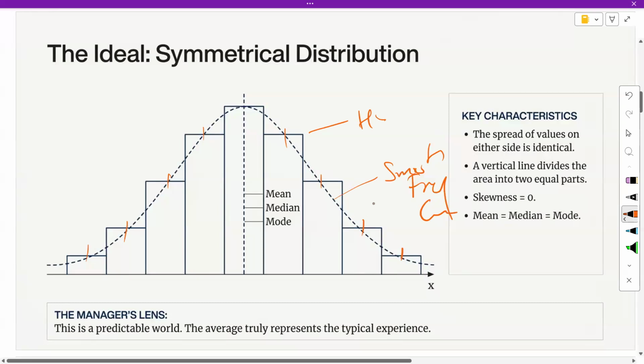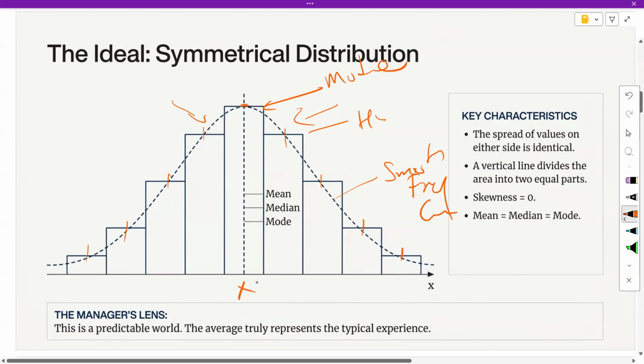Now you see both sides. When both sides are equal, it's called symmetric. And you see, this is the highest frequency. The highest frequency is equal to the mode. And here the x value.